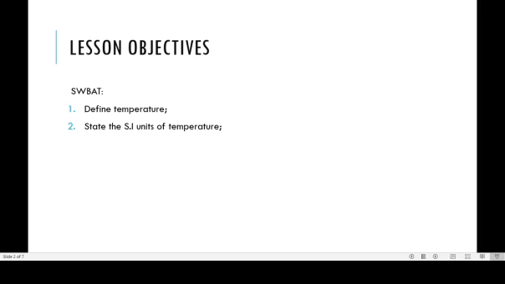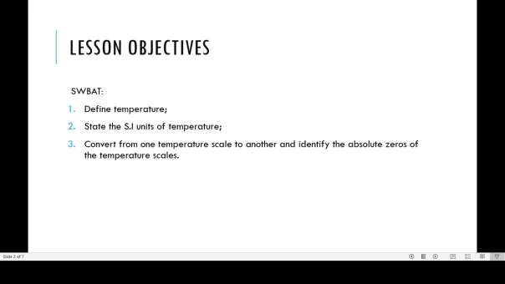There are up to 3 units or 3 scales upon which temperature can be measured. And the last part is to be able to convert from one temperature scale to another and also identify the absolute zeros of temperature scales. These are what we are going to be discussing and what we should be able to understand at the end of our discussion.